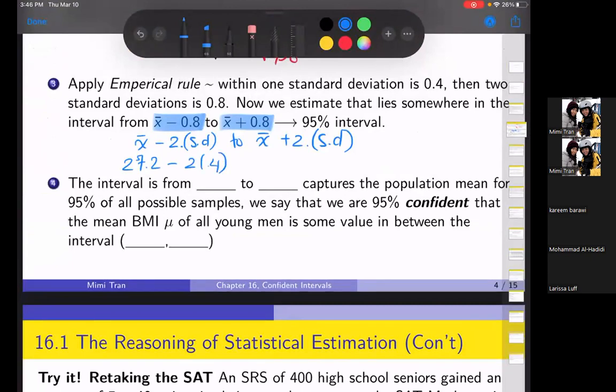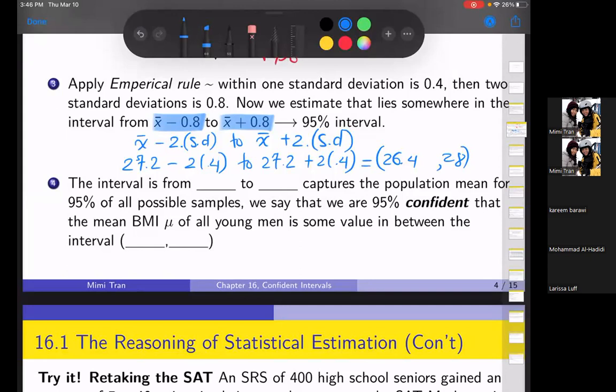Which is 0.8 right there, to 27.2 plus 2 times 0.4. 27.2 minus 0.8 is 26.4, and then the other one would be 28. Okay, so that's my confidence interval.